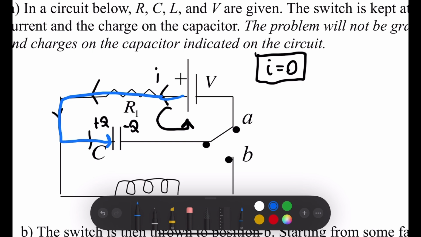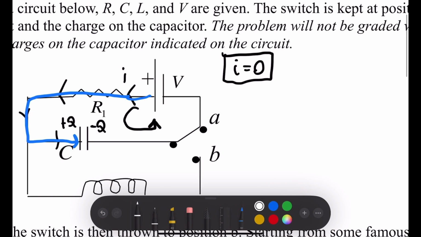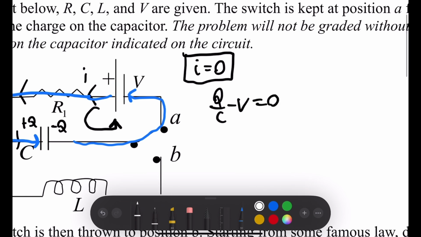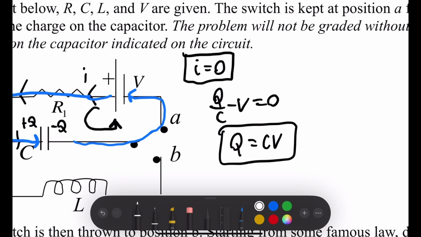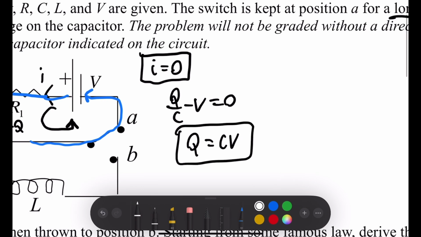I touch the positive part of the plate, so I get Q over C. Then I keep going and touch the negative part of the battery, so minus V. This equals 0. I move the V to the right, multiply by C, and I get the charge is equal to CV.